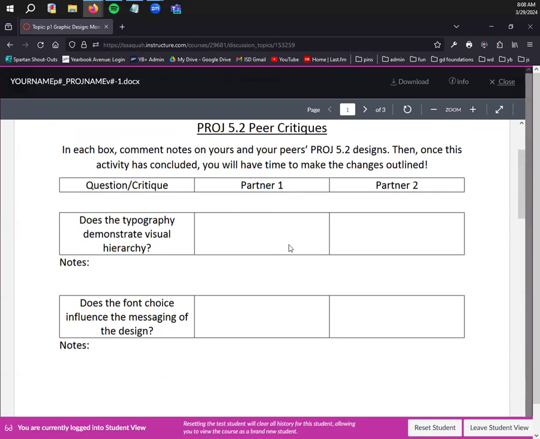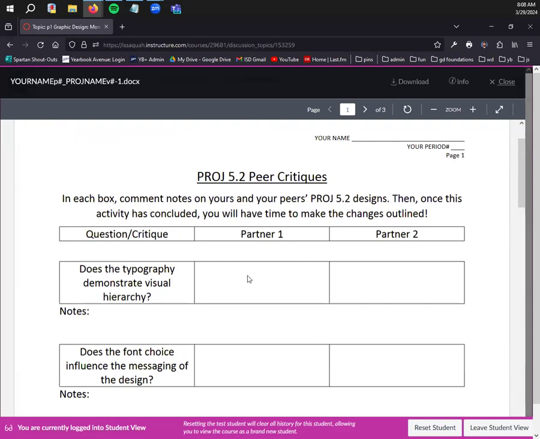And then you'll just leave notes with the first partner you talk to and the second partner you talk to. You're using this sheet as a note-tracking device instead of something that you're going to hand to the other person. So for example, I have my sheet in front of me and I got my nearby neighbor on the left, their partner 1. And the question I'm asking of their work is, does the typography demonstrate visual hierarchy?